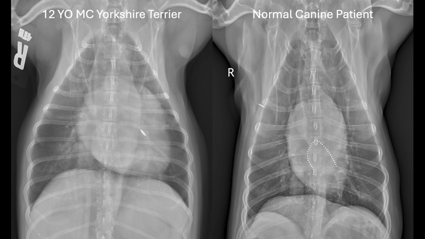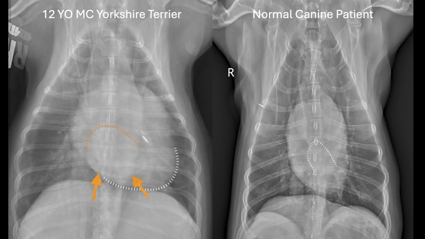The standard V-shaped bifurcation of the caudal mainstem bronchi, outlined by white dotted lines on the right image, is laterally or abaxially displaced. This is outlined by the orange dotted lines on the left image.